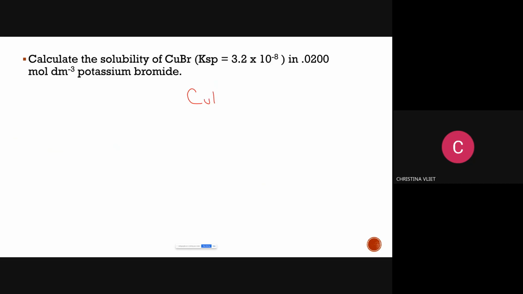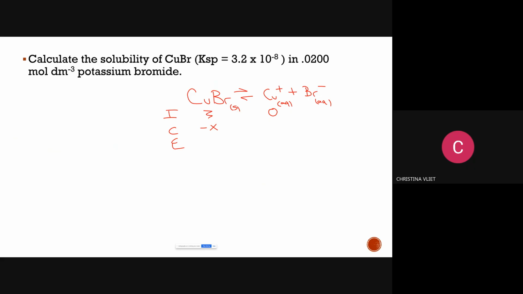CuBr goes to Cu plus and Br minus. And this is why I suggested to make an ICE table. We still know this changes by X. The starting amount of copper is 0, but is the starting amount of bromine 0?